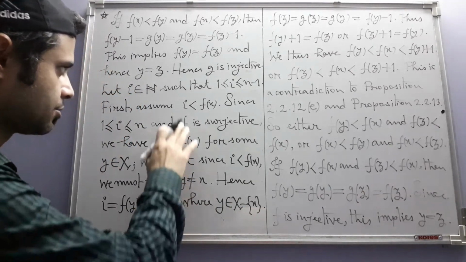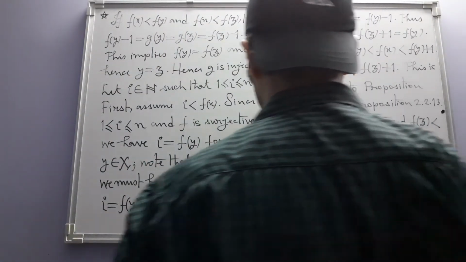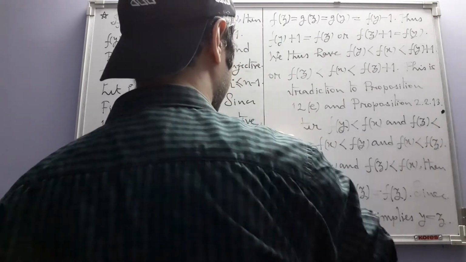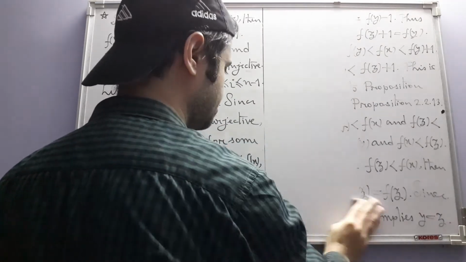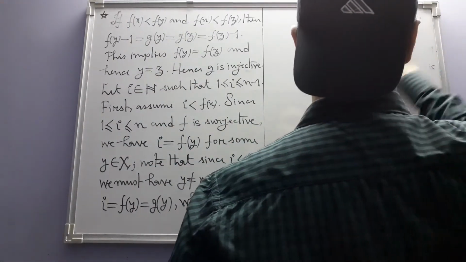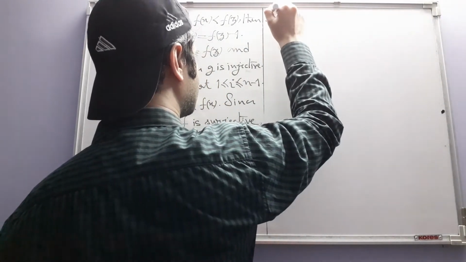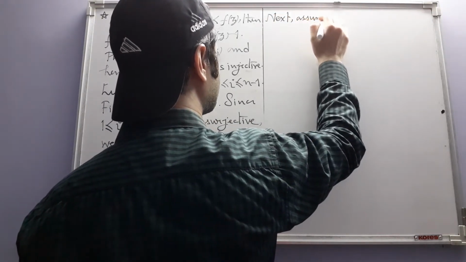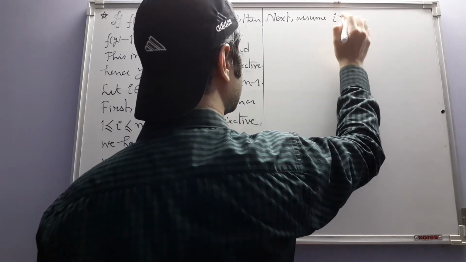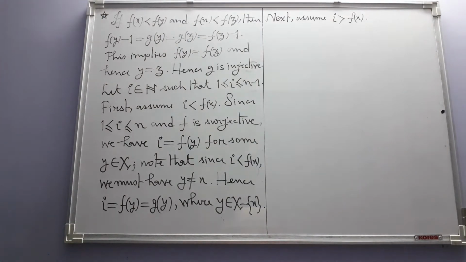So we have realized I as the g image of some element in the domain of g. So this is one case when I is less than fx. Let us now look at what happens when I is greater than fx. The equal case we will handle afterwards. Next, assume I is greater than fx.